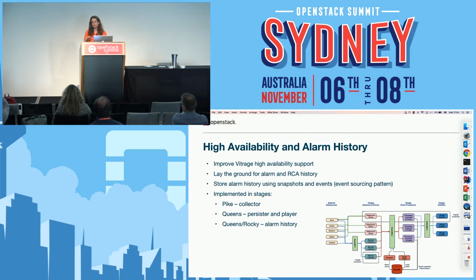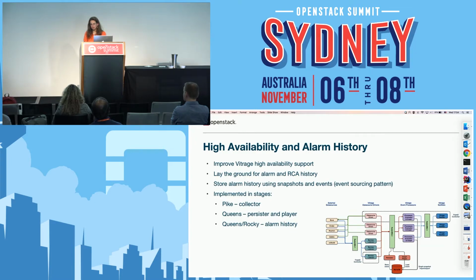These are two different topics, but we have made a common design that solves both of them. So when we are working on them, we are actually progressing with both topics. And we already started it. We did the design in Pike.